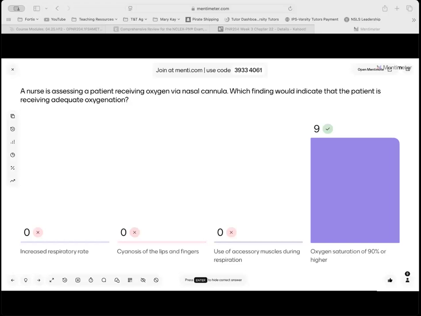Yep, we know our oxygen is working if our oxygen saturations are above normal. In theory, if we are giving oxygen via nasal cannula, that would bring our respiratory rate back down to normal. We should see it in a normal range. Our patient should be breathing comfortably. We shouldn't see any color changes or having to use those extra muscles to breathe.